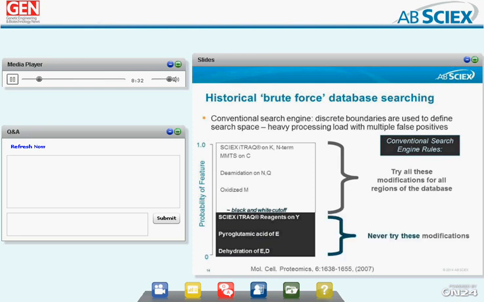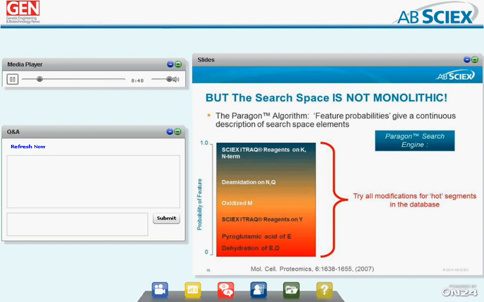And you would never try other modifications, such as those that I have in the black box in the database search. Now, this, of course, is not necessarily very satisfactory if you know that the reality is somewhat more complex than that. So that's where understanding that the search space is not monolithic comes in.